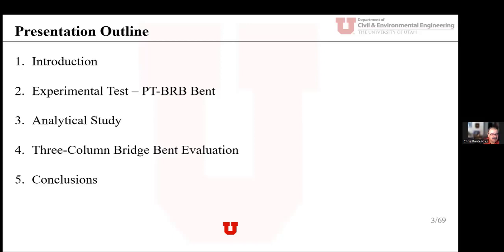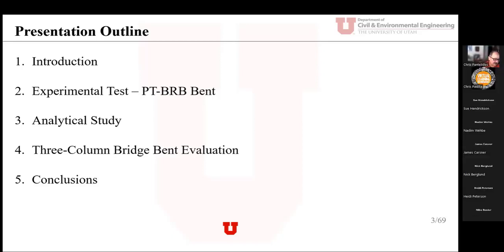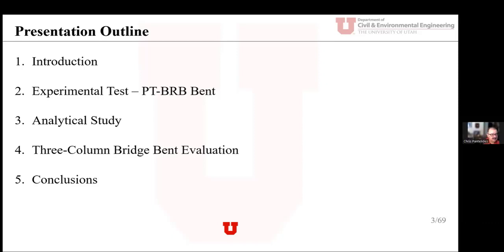And then I will move on to an evaluation of a 3-column bridge bent, which we have carried out on a bridge that I had previously tested, and we modified to follow more or less the experiment that we did in the lab. And I will close with some conclusions.